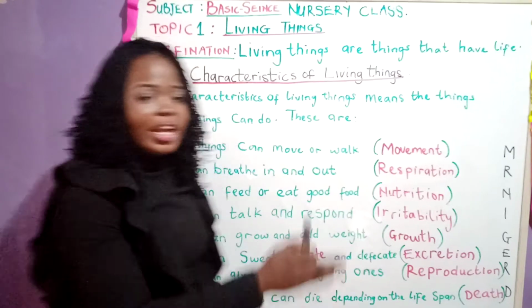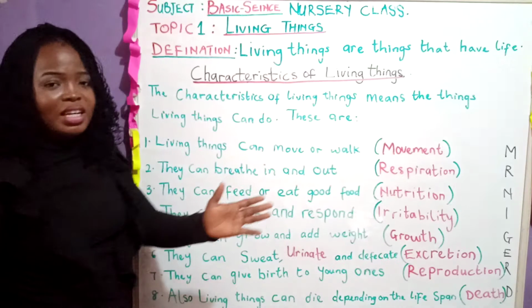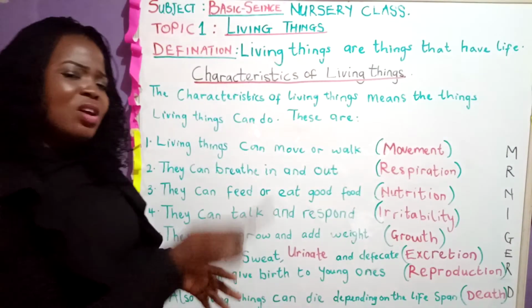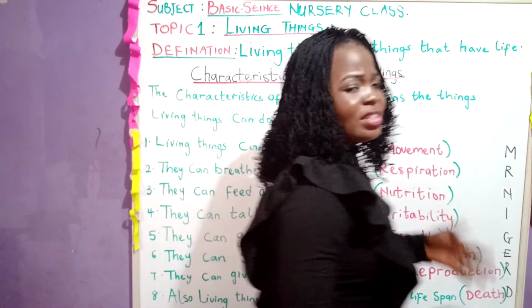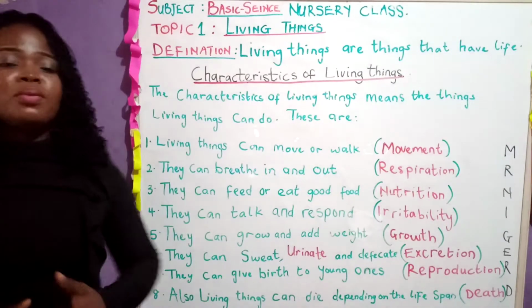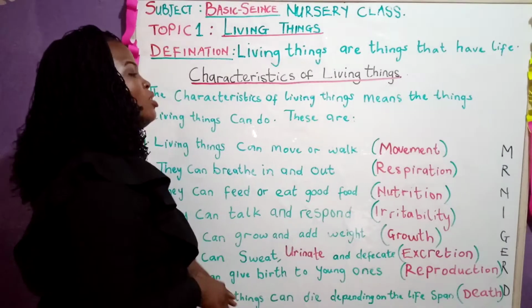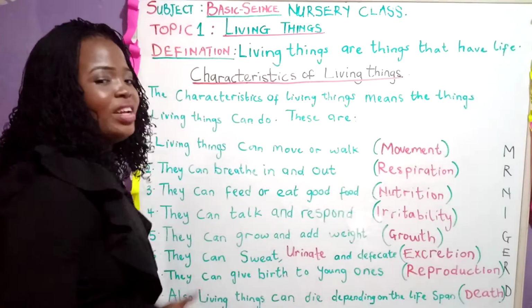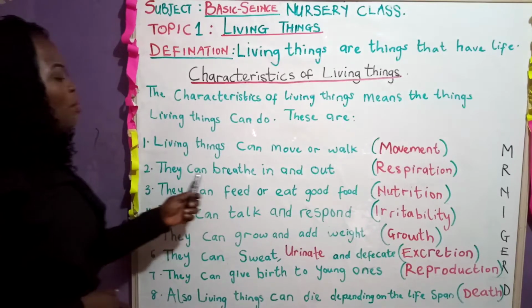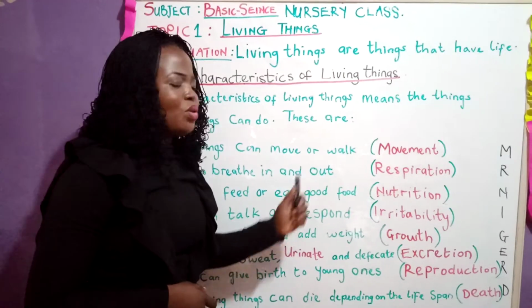Doing this, they are moving from one place to another. That's why I said, number one thing that living things do is we move. All living things move from one place to another. As you can see, it is possible for me to move from my house to anywhere I'm going because I'm a living thing.